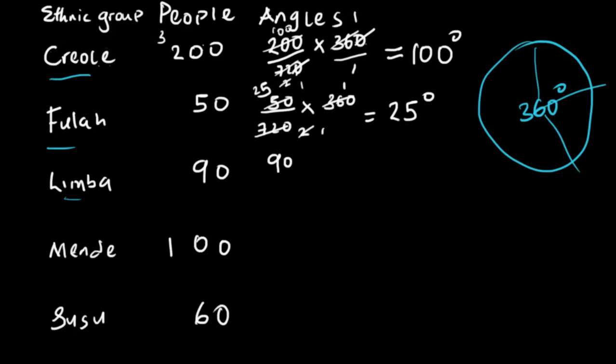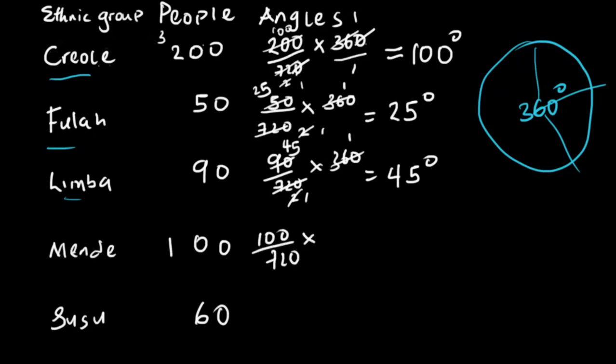Next, we have 90 over 720 times 360. 360 into 360 is 1, 360 into 720 is 2. 2 into 90 is 45. So we have 45 degrees. Next, 100 over 720 times 360. Cancelling the same way, 2 into 100 is 50. So we have 50 degrees.